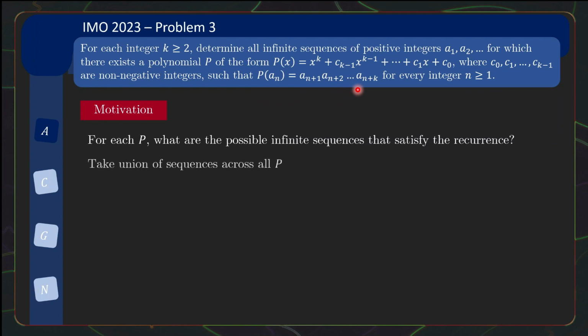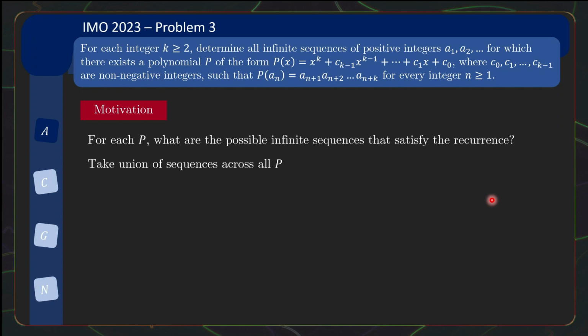And then once we take the union of all valid sequences across all P's, then we will have the global list of nice sequences.